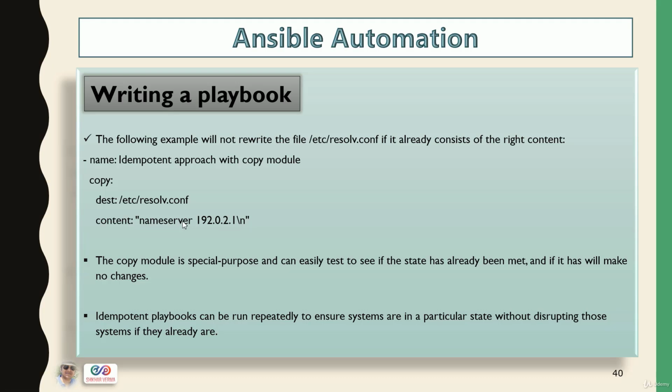It is not going to make any changes on the destination file. So that is called idempotent behavior. Idempotent playbooks can run repeatedly to ensure systems are in a particular state without disrupting those systems if they are already there. That's the basic difference between idempotent and non-idempotent.